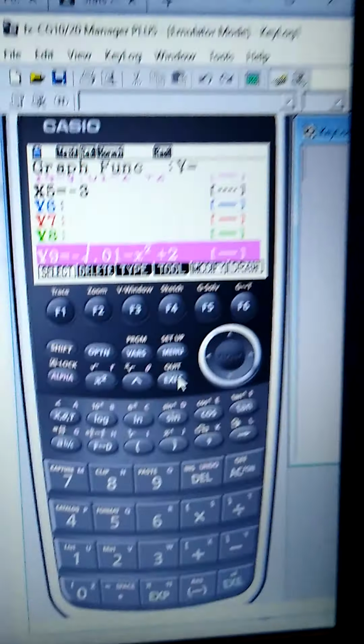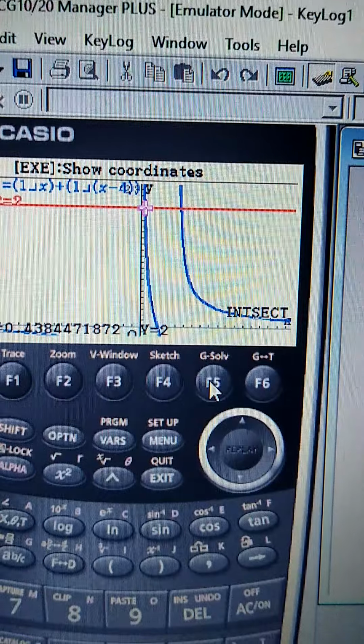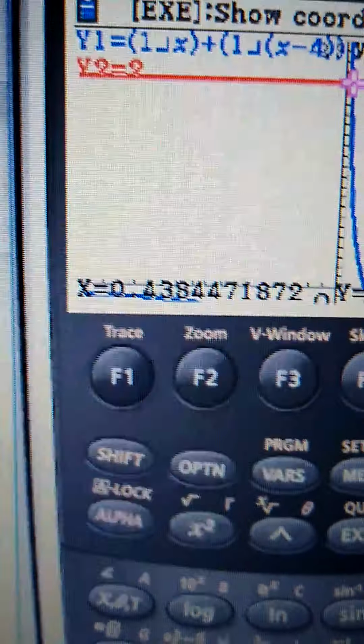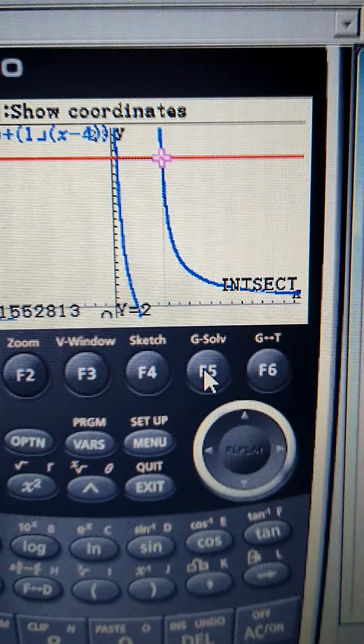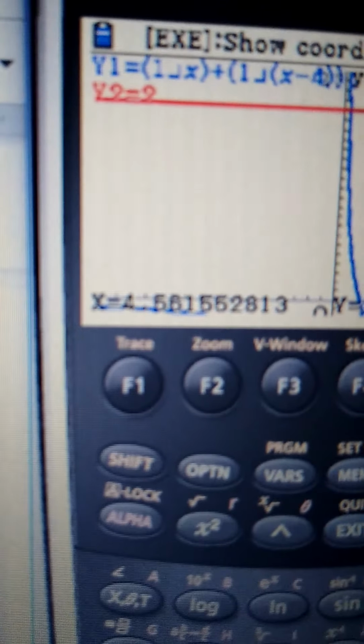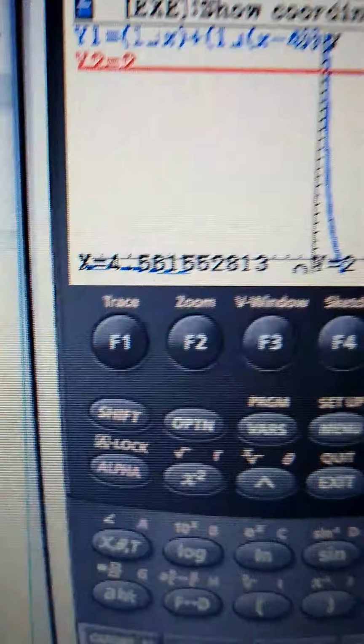We can see it intersecting now. As I zoom up a little bit, I can see it's intersecting at 2 different spots. Sure looks promising. So we're going to go G-Solve, Intersect. And I see about 0.438. There you go. And when I press the right arrow, I'll get the other answer, 4.56. So I've confirmed that both of them do work.